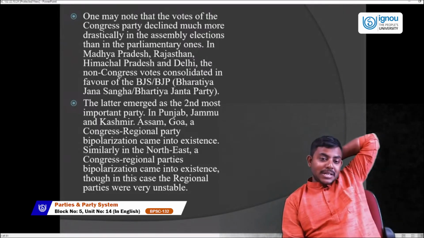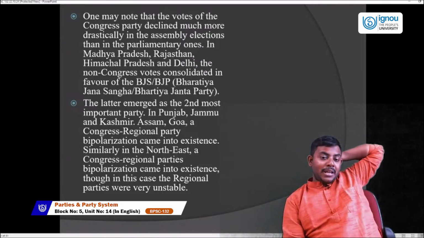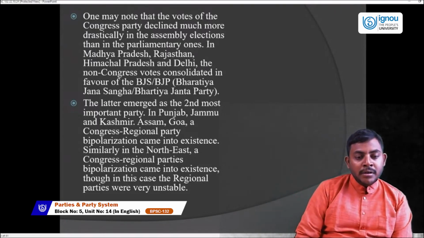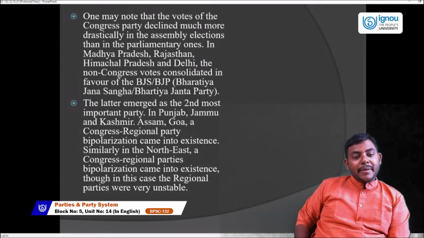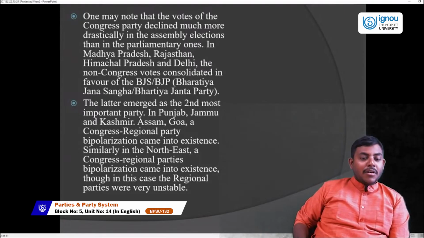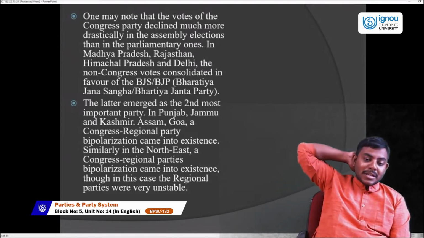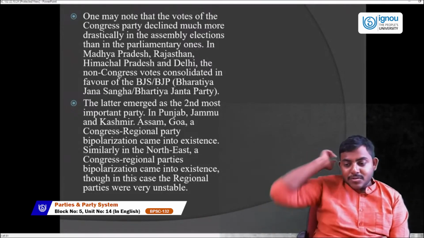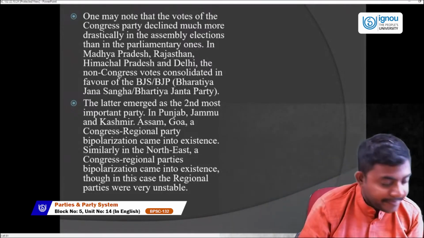The latter emerged as the second most important party. In Punjab, Jammu Kashmir, Assam and Goa, a Congress regional party bipolarization came into existence. Similarly, in the Northeast, a Congress regional party bipolarization came into existence, though in this case the regional parties were very unstable.